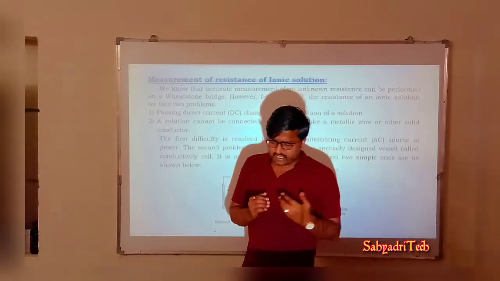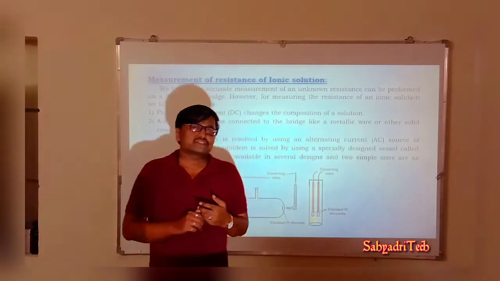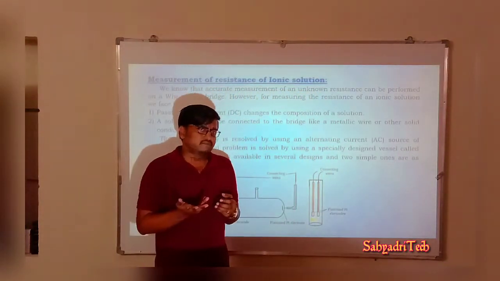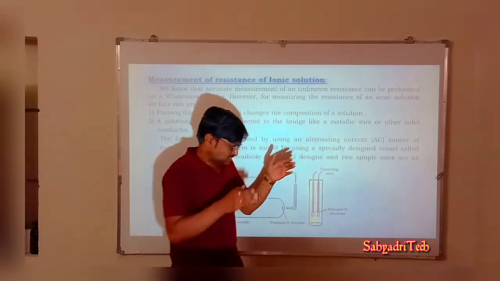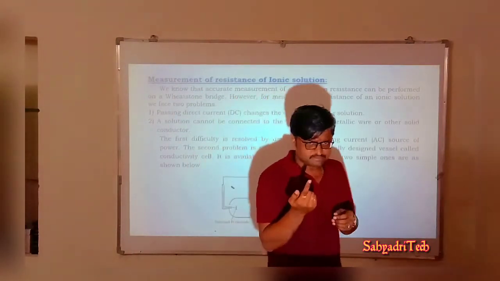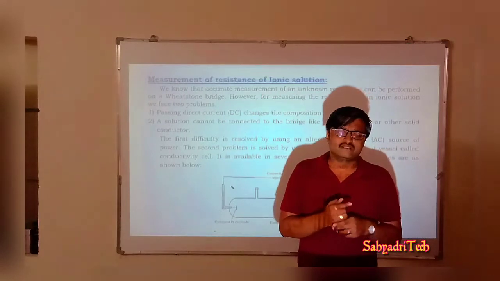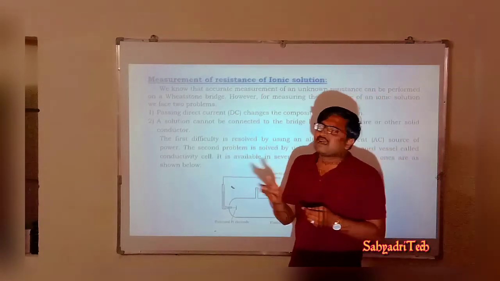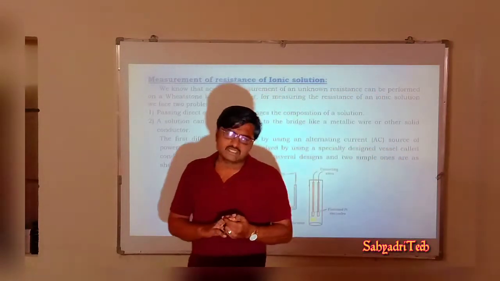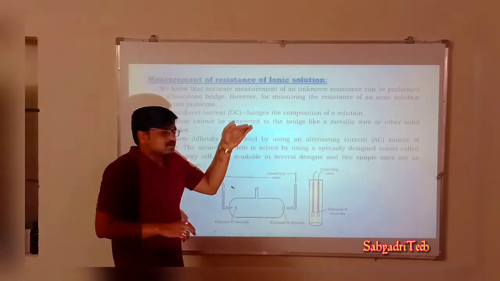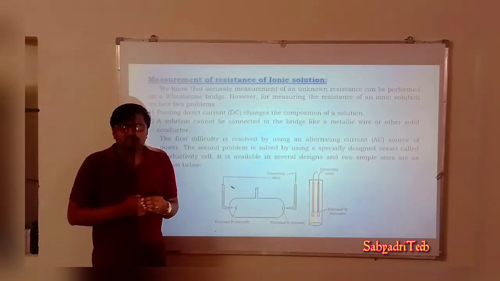Practically, measurement of resistance of metals is possible with the help of a Wheatstone bridge. We can connect a piece of metal in the circuit as a conductor, and its resistance can be measured.